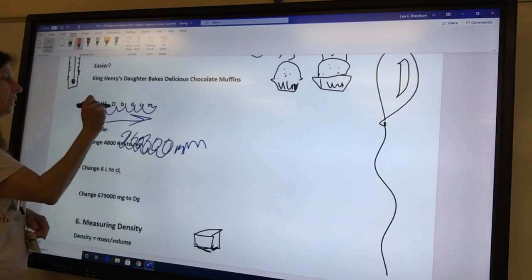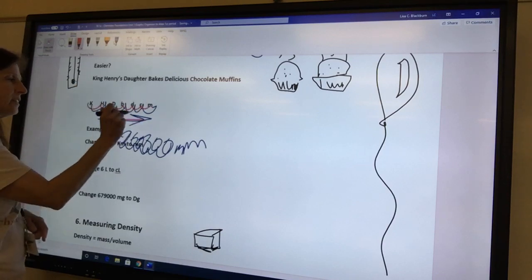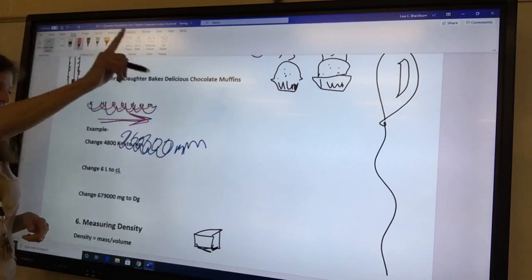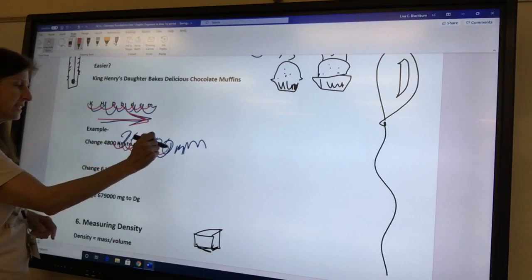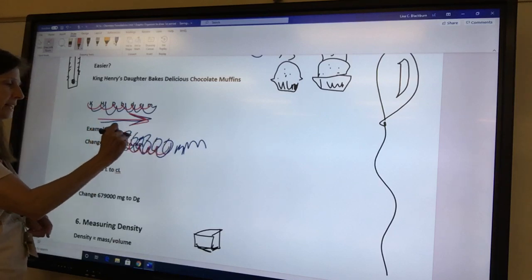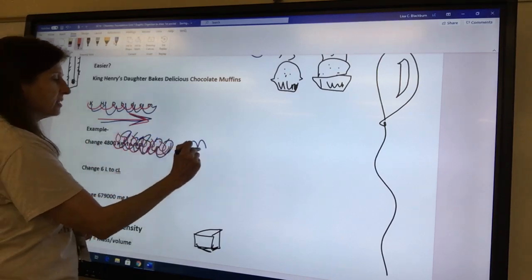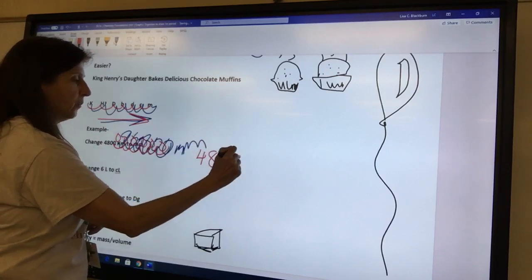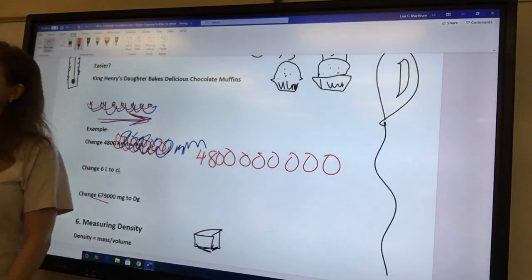So this one's 1, 2, 3, 4, 5, 6 in this direction. So your decimal point will go 6 places in this direction. You augment zeros in each of those hops and you get the number.